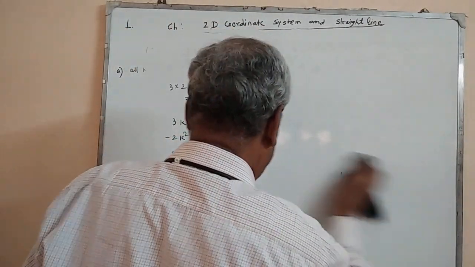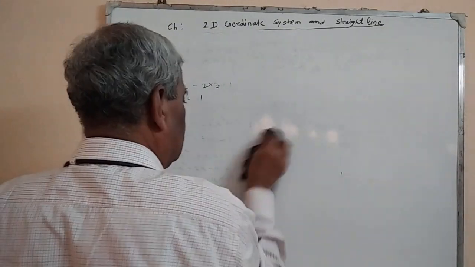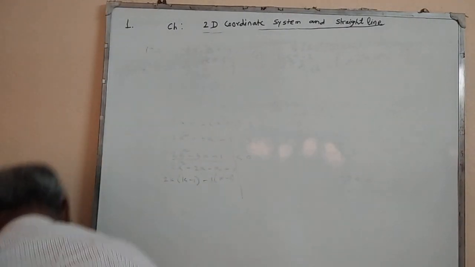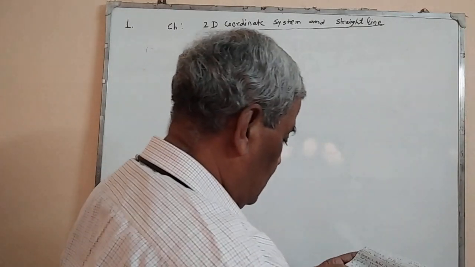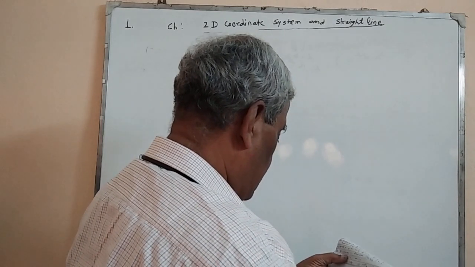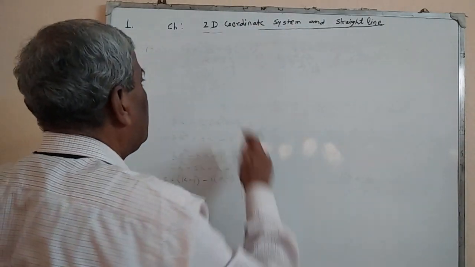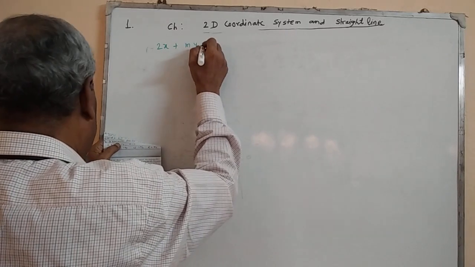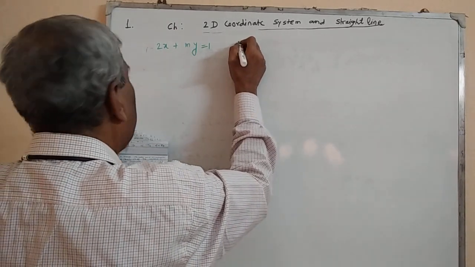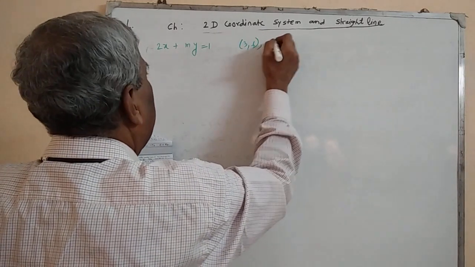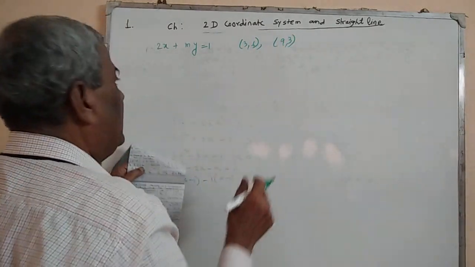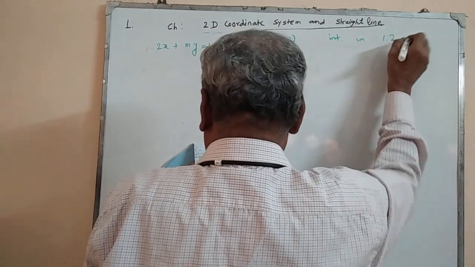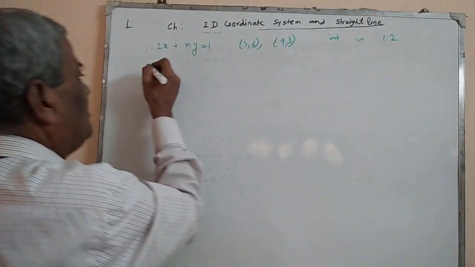Next problem. If 2x plus my is equal to 1 divides 3, 6 and 9, 3 internally in the ratio 1:2, then the value of m is.